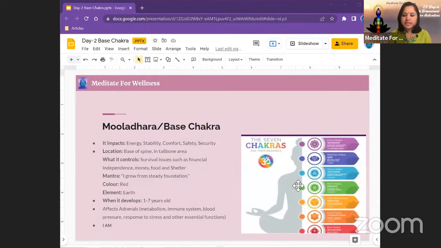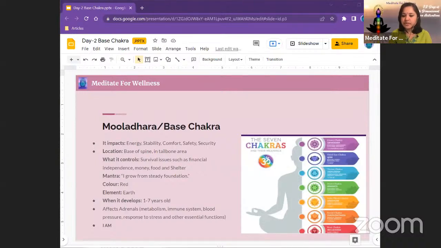So here in this picture, if you see, there are 7 chakras. The red one is the base chakra, and the orange one is the sacral chakra. Then the yellow one is solar plexus. See the location in our body. The red one is below the tailbone, and the sacral chakra is 2 inches below the navel.